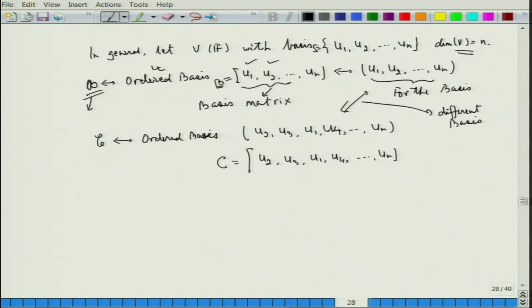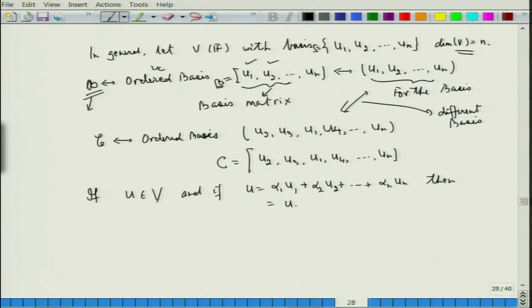And there is a notion of what is called, so if u is any element of V, and if u is equal to alpha 1 u1 plus alpha 2 u2 plus alpha n un, then this corresponds to, I don't know why I am writing so many mistakes here.